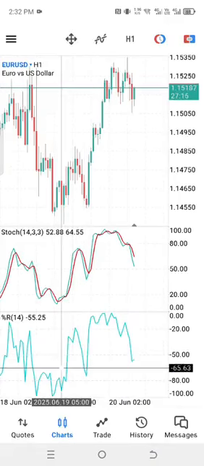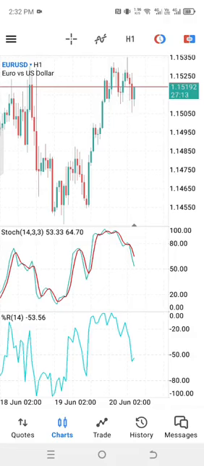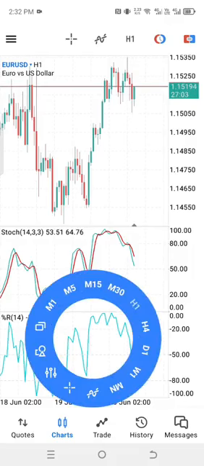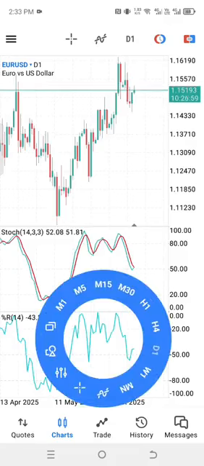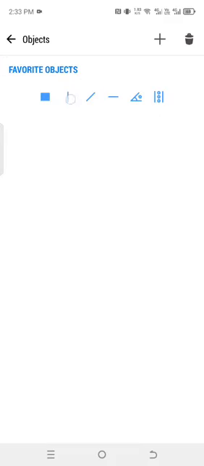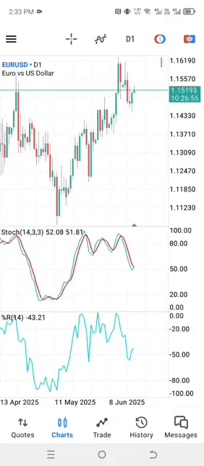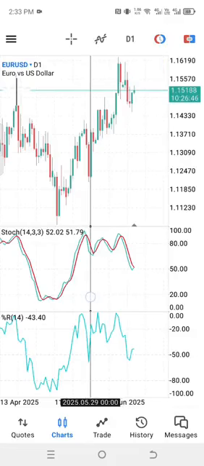So how does this strategy work? This strategy is a very, very powerful and yet simple strategy. The first thing I will do is look out for, let's say, a buy setup. So I'm going to go straight to the D1 time frame. If I work with the D1 time frame, I'm going to wait for the Stochastic Oscillator to be above level 50, like this, as you can see.